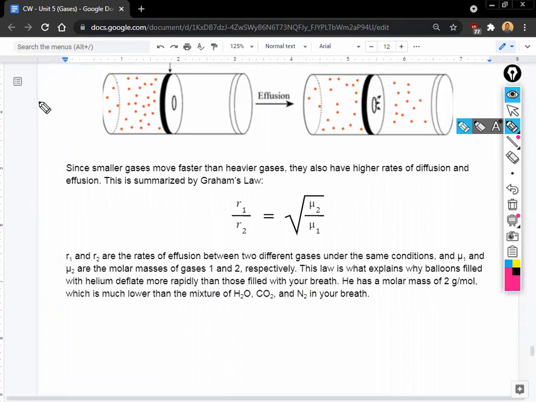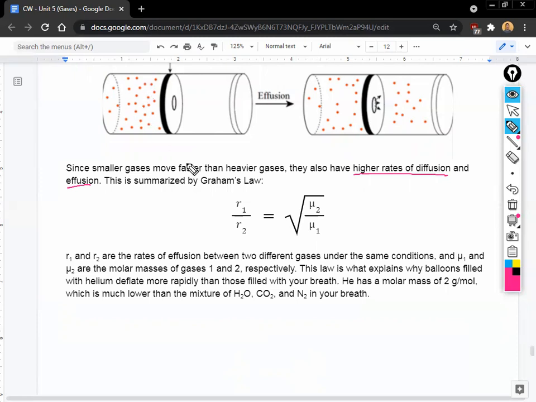So if we're at the same temperature, smaller gases need to move faster than heavier gases, so they have higher rates of diffusion and effusion. The bigger the gas, the slower it moves, so the slower it spreads out across the room. Whereas the smaller the gas, the faster it moves and the faster it spreads out across a room.